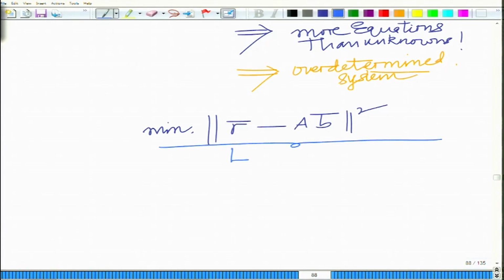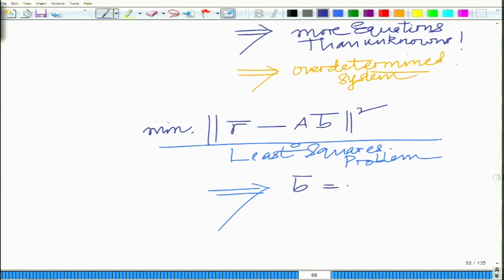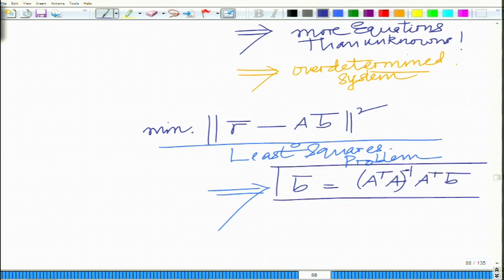This is your least squares problem, which implies B bar equals A transpose A inverse A transpose R bar.